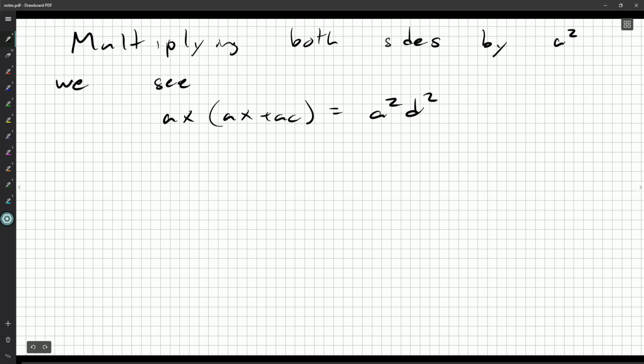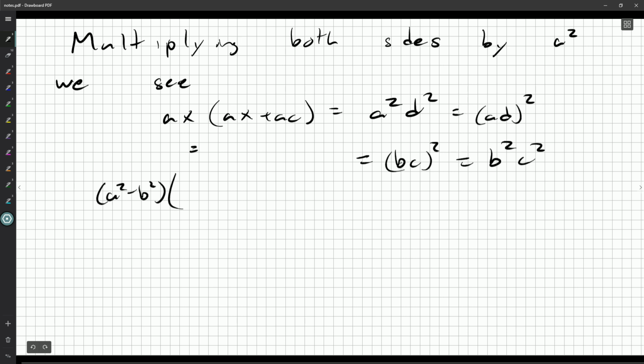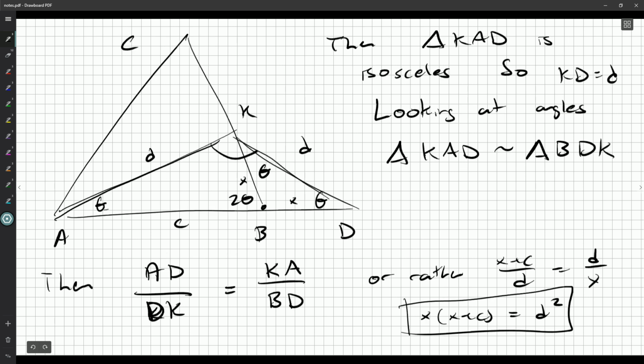And we can say, all right, this a squared d squared, this is ad squared. Well, that just turns into bc squared, which is b squared c squared, which is what we want. And over here, this expression is the ax is a squared minus b squared, and that ax is a squared minus b squared. So we get my a plus ac there, and there we go, as desired.